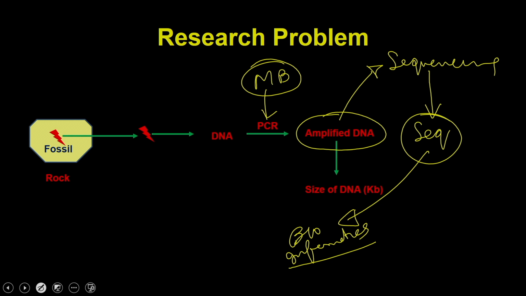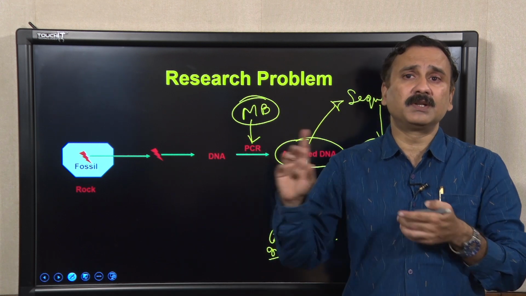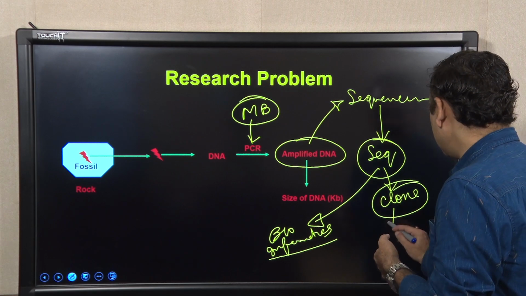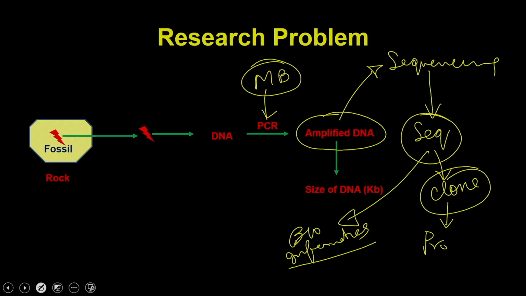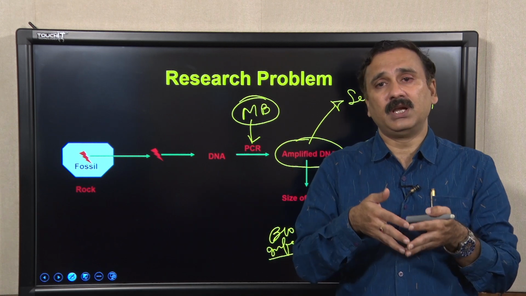Apart from that, once you got the sequence, you can easily clone this sequence into an expression vector. So you can use some of the molecular biology techniques. You can do a PCR with site specific primers, and then you just clone it, and that is going to give you the protein. Once you got the protein, you can use immunological techniques to generate antibodies, and once you got the antibodies, you have another kind of analytical tool.